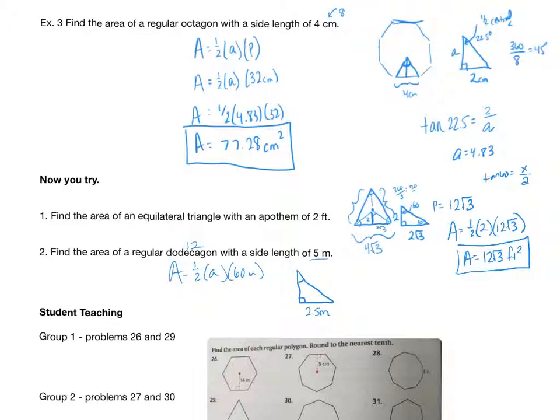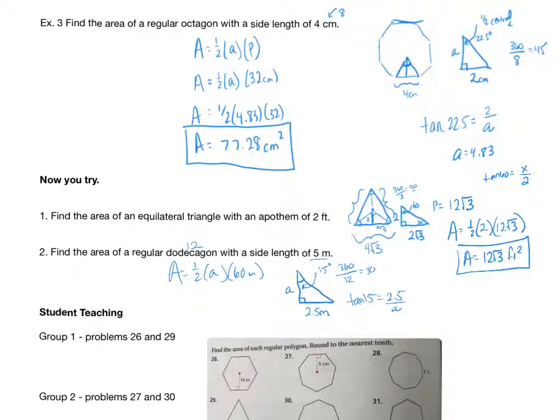And the central angle, remember, is 360 divided by the 12 sides, which is going to be 30, and then cut that in half, which is 15 degrees. It's always half of the central angle right there. So we have tangent of 15 is equal to opposite 2.5 over the adjacent, which is the apothem. So let's calculate that.